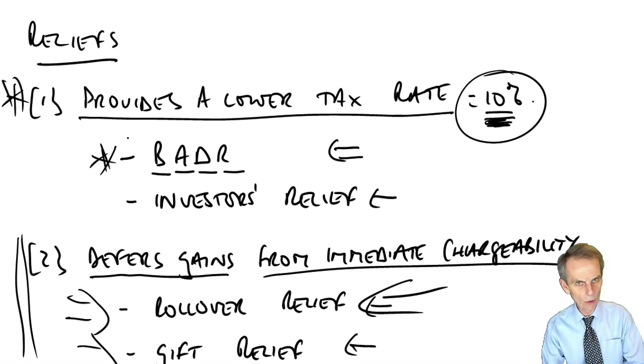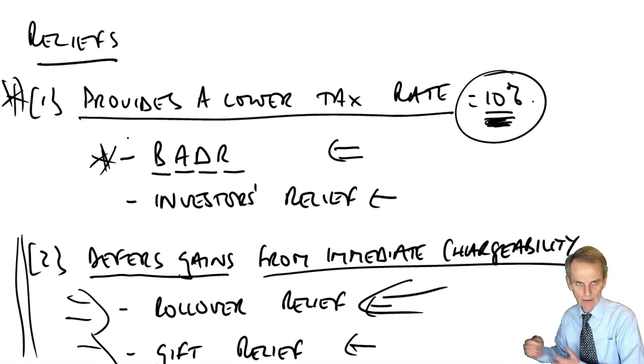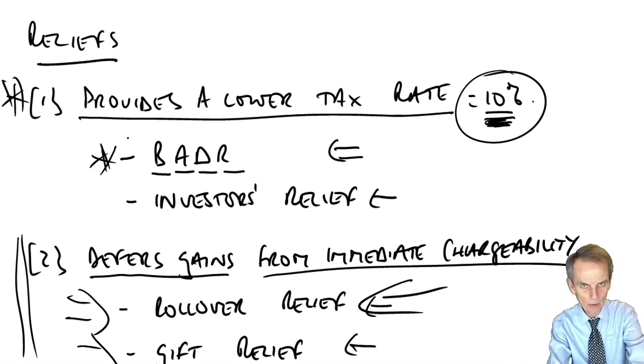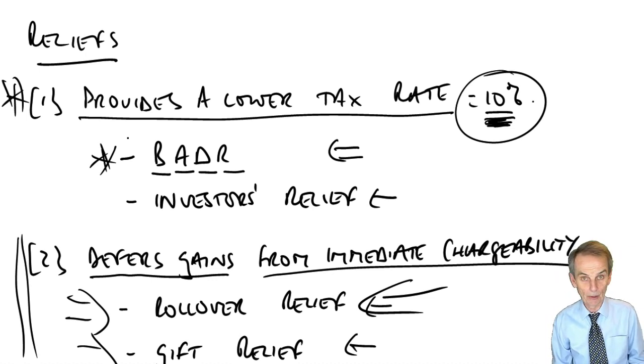Someone who's willing to take their money out of the bank and put it, in the form of equity capital, into a company that will then invest that money within the business and grow that business, that's got to be good for the economy and for the public purse. This should be encouraged. And what they did, therefore, was back in 2016 to bring in investors' relief.